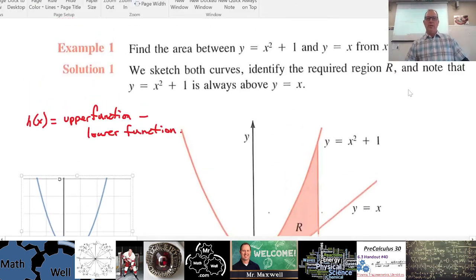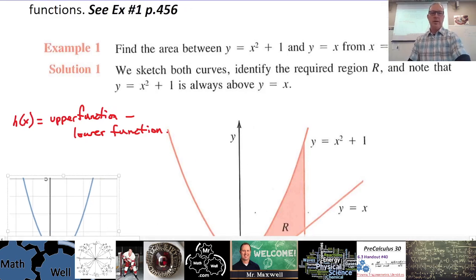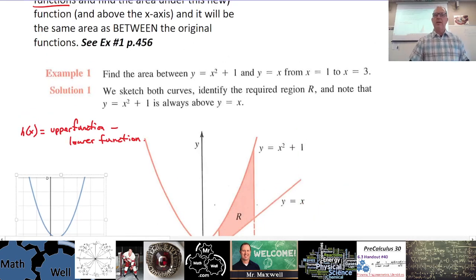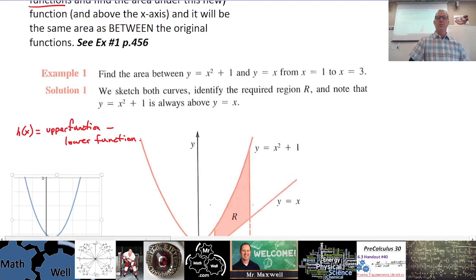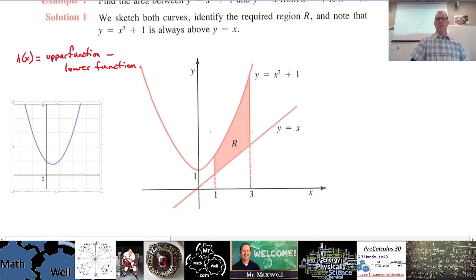All right, so the example says, find the area between y equals x squared plus 1 and y equals x from x equals 1 to 3. So we've done this question before. I just showed you this question.